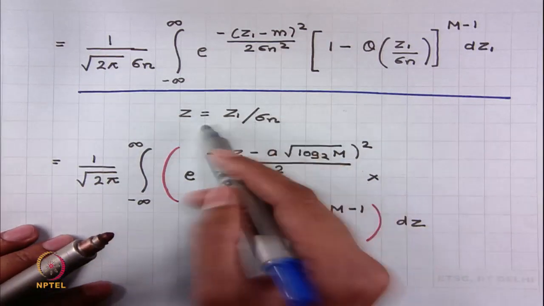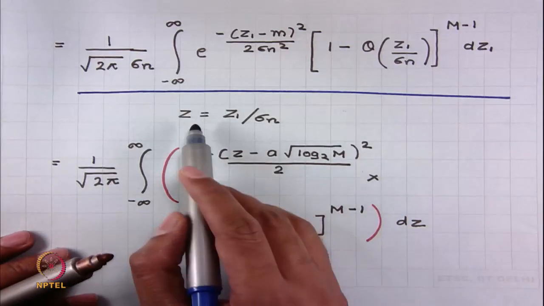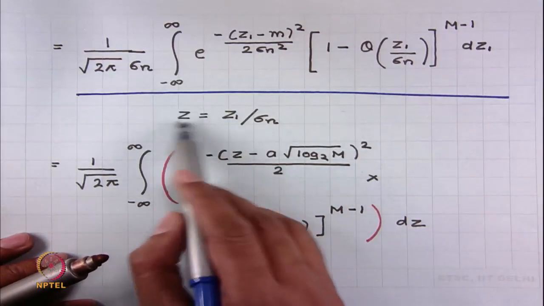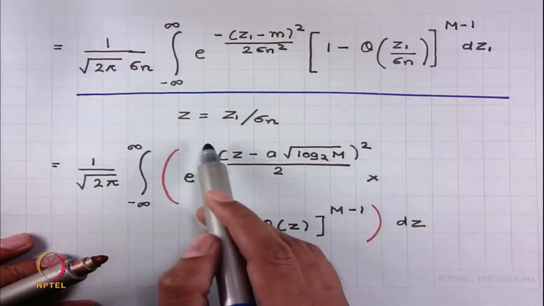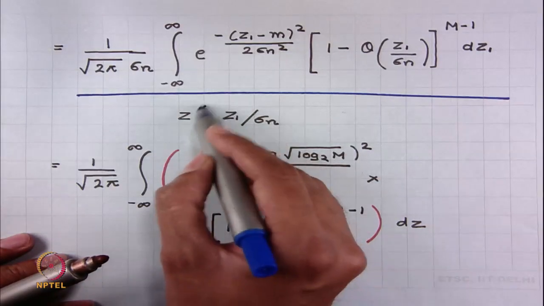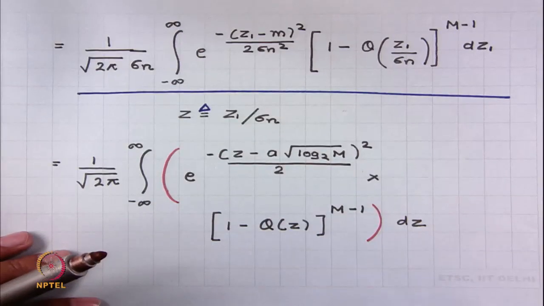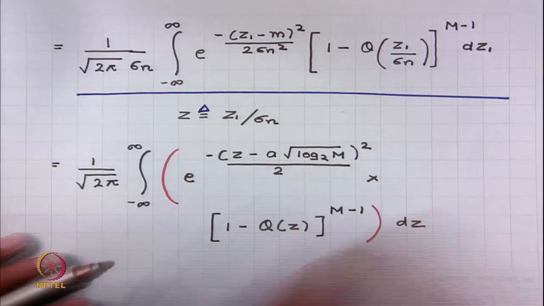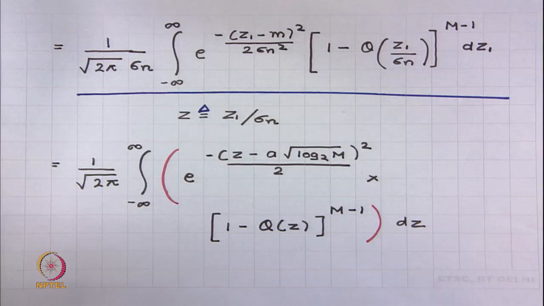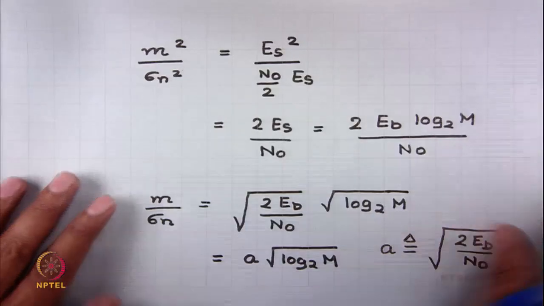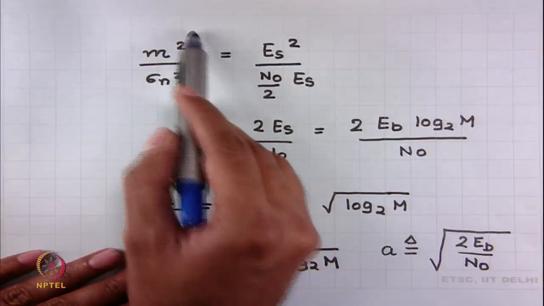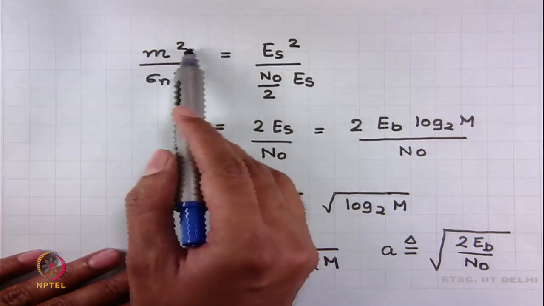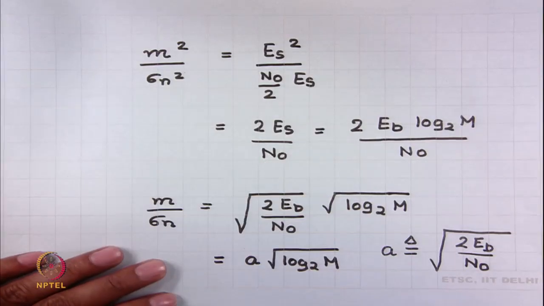Now, we make a trivial change in variables. We say that Z is simply Z1 by sigma n. Okay. So, we have defined Z to be this. So, before thinking about this, let us look at this slide first. I am trying to find out this ratio m square by sigma n square.